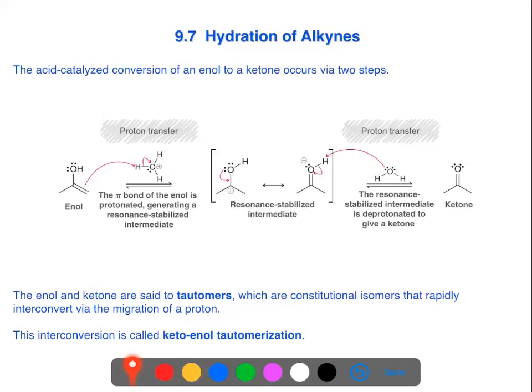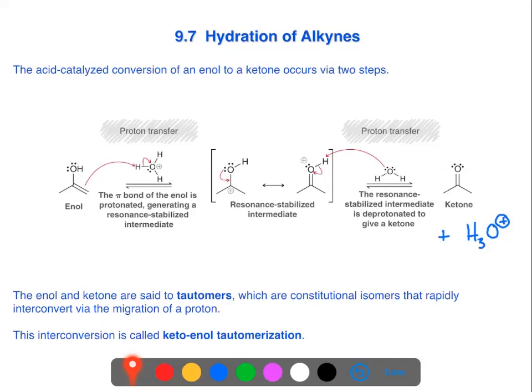So again, we refer to this as acid catalyzed because there's an acid used to promote the formation of our intermediate, and then we regenerate the acid in the end. So in the presence of the acid, we have proton transfer, and then water present in solution is used to neutralize our resonance stabilized intermediate to give us our final ketone.